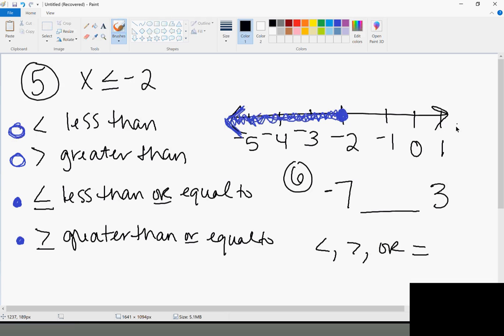So if I were to keep going here, this would be 1, this could be 2, this could be 3. So -7, which would be somewhere down here, -7 is definitely less than 3. So we would use this symbol here. So you just want to be familiar with your inequality symbols like this. All right?